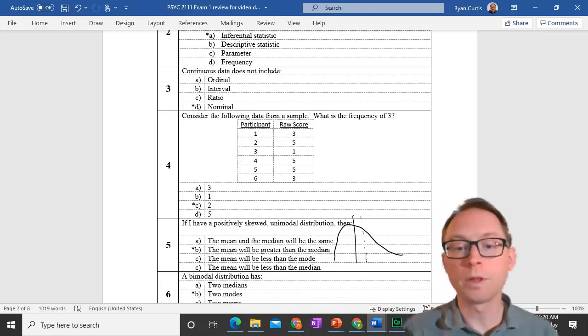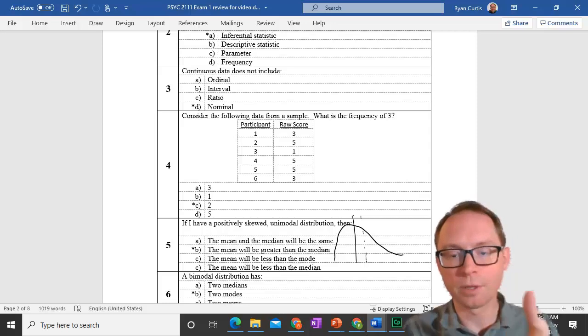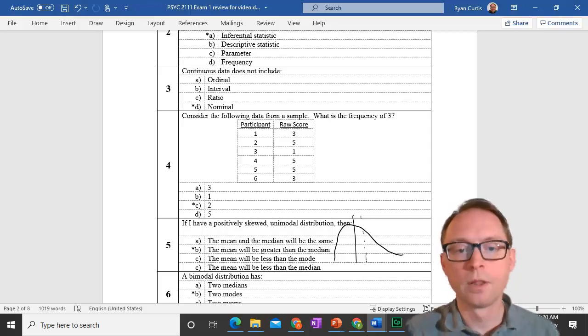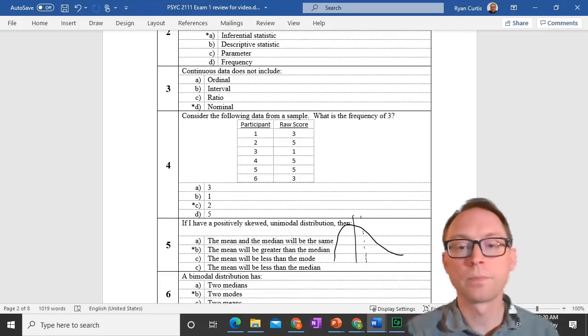All right, the mean and the median won't be the same. That only happens in a symmetrical distribution that's unimodal, right? But I guess it wouldn't really matter if it's unimodal in that case. Anyway, the mean will be less than the mode. No, that won't be the case because the mode generally peaks around the middle. That's normally what happens. The mean will be less than the median. And in this case, if it was negatively skewed, that would be the case, but this is positively skewed.